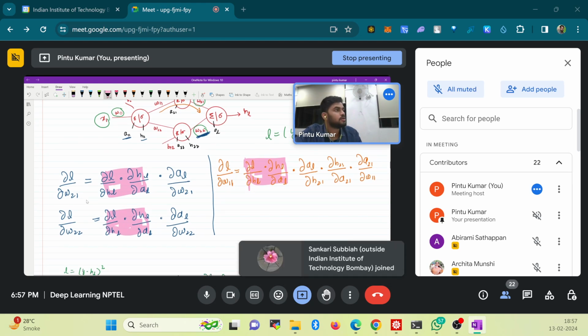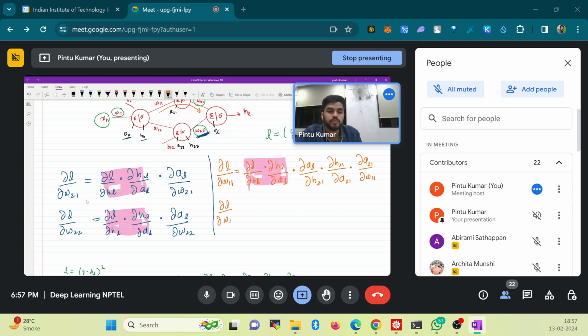Similarly, the way we defined del L by del W11, we can define del L by del W12, which is very similar. This is del L by del HL into del HL by del AL into del AL by del H22 and del H22 by del A22 into del A22 by del W12.